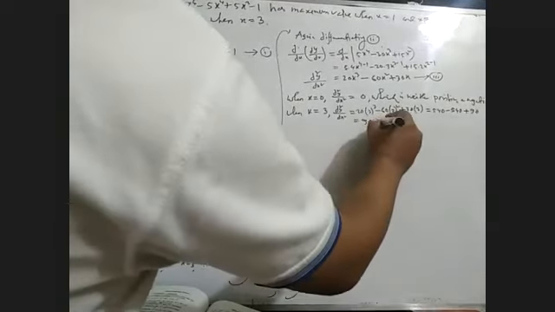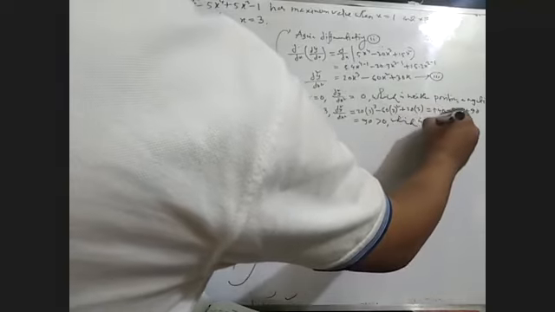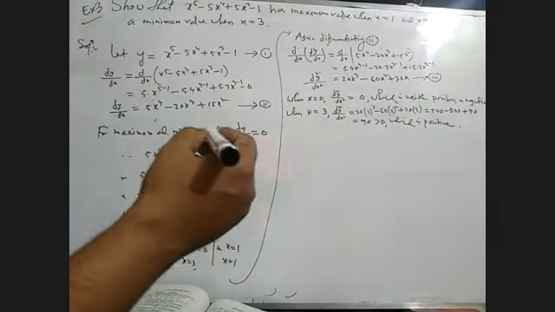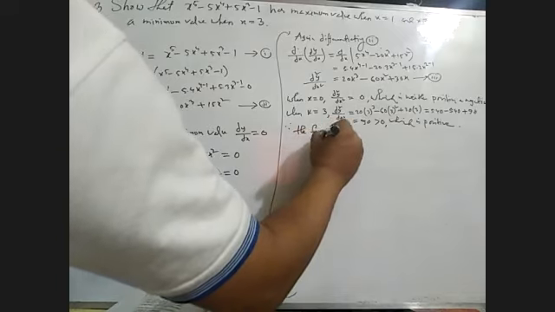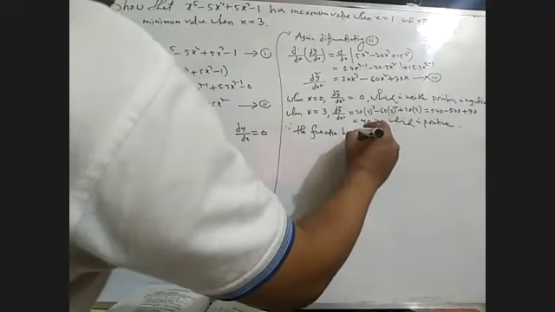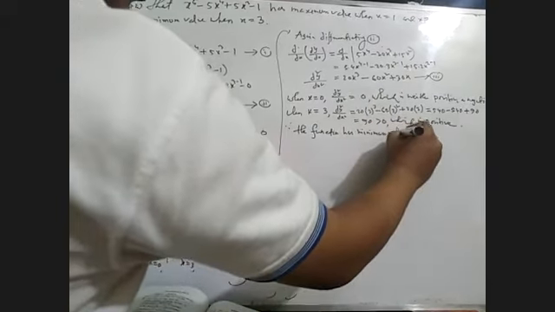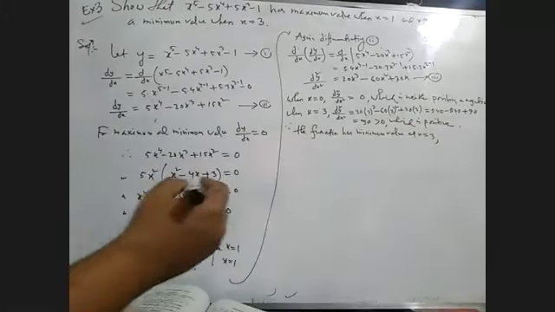Okay, which is greater than 0, that means positive. Therefore, the function has minimum value at x equals 3.